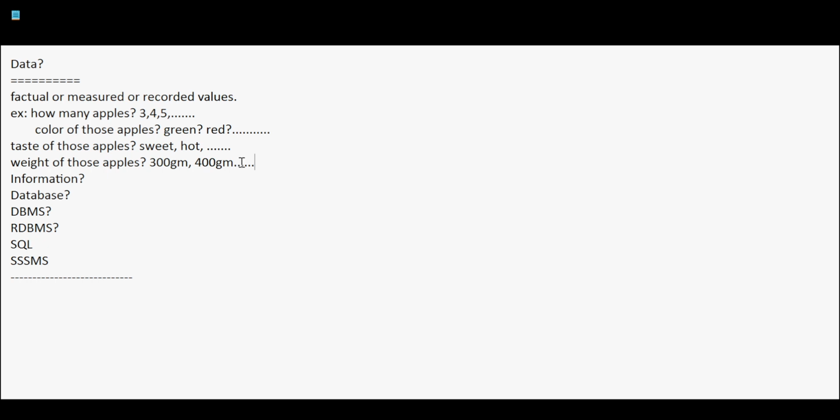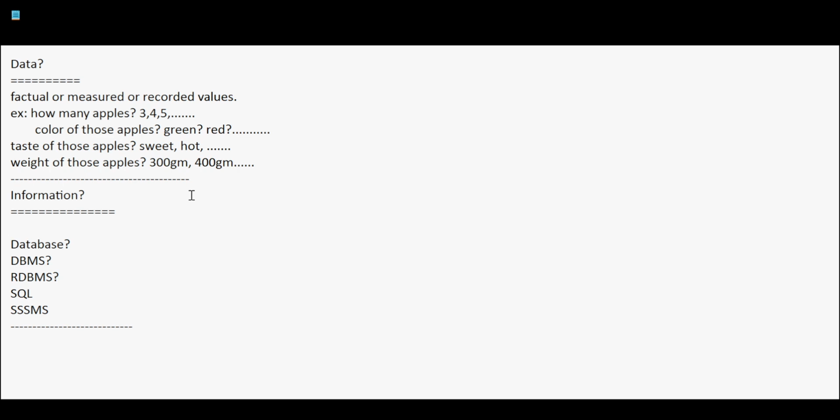Okay, understand what I'm saying? Just data. Now, what is information? Information is anything that conveys meaning to that particular data. For example, if you consider count of apples, how many are there? Three, four, five, whatsoever, any number.